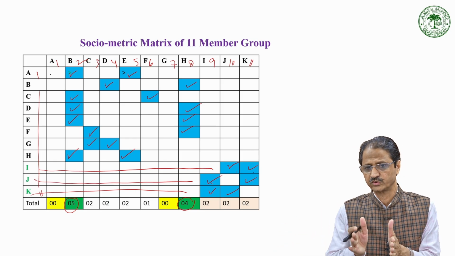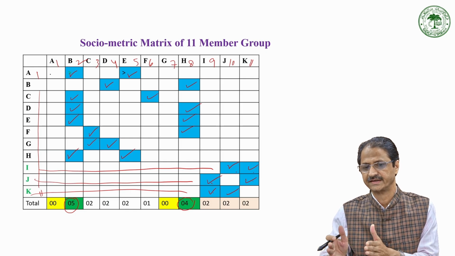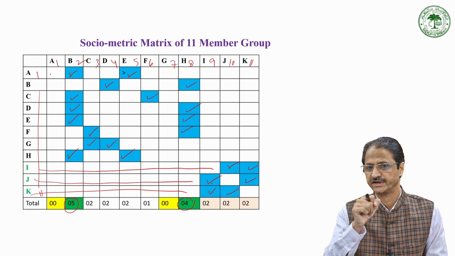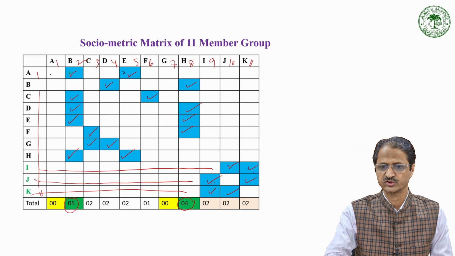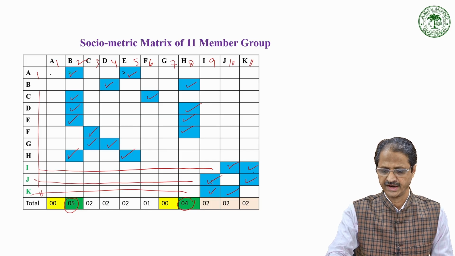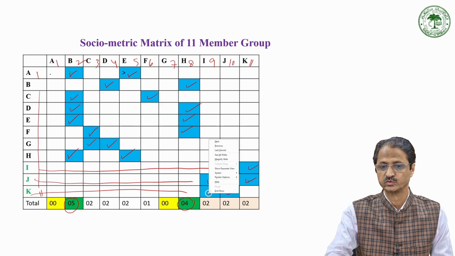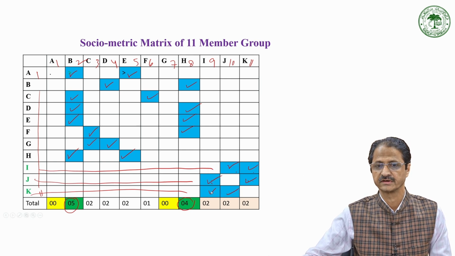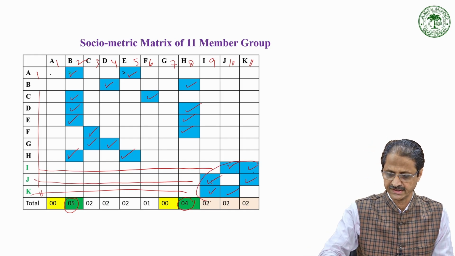If we look at 9, 10 and 11, if we look at the pattern, I is nominating J and K. J is nominating I and K, and K is nominating I and J. If we look at the pattern, this is basically a clique.